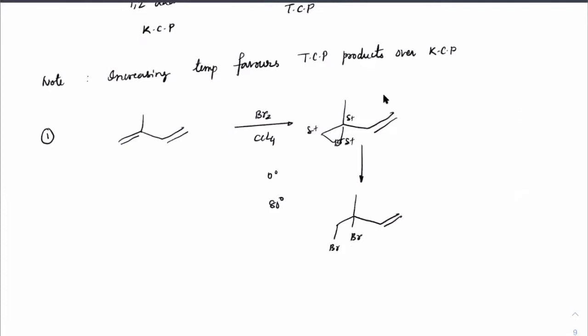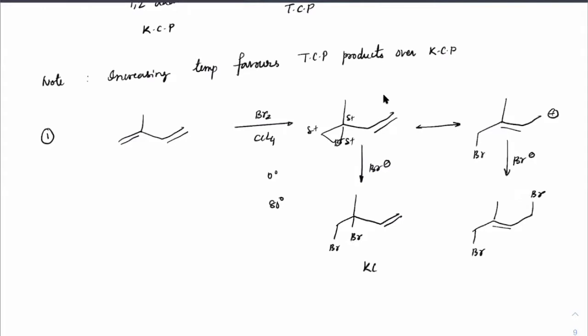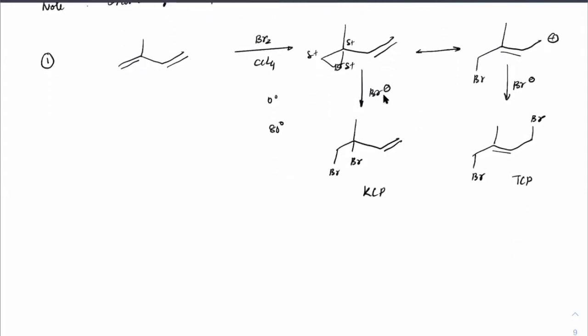If it is going via resonance, we'll get Br here, double bond with positive charge. Br minus, we get double bond, Br and Br. KCP, TCP. Temperature 0 degrees, major, minor, major.